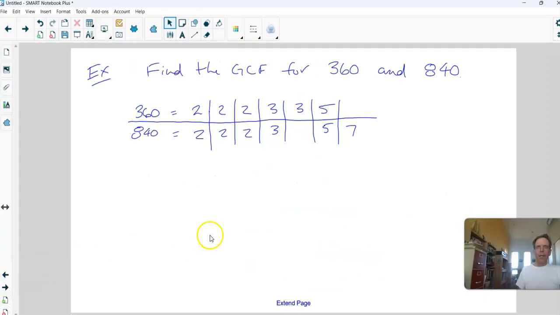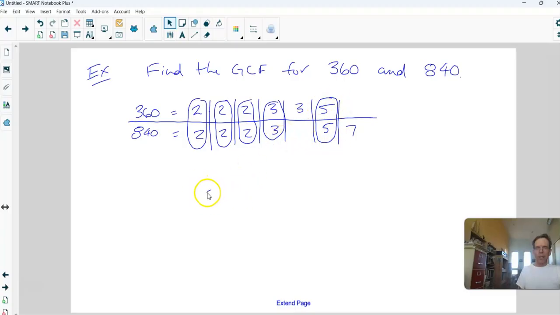All right. Next, let's find the greatest common factor for 360 and 840. We circle the full stacks. That stack's full, this stack's full, this stack, this one. This one's not full, this one's full, and there's no full stack of 7.